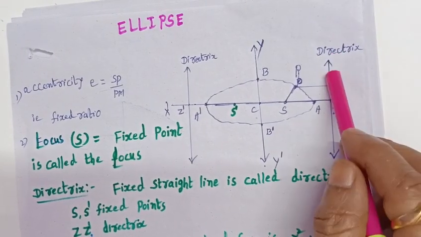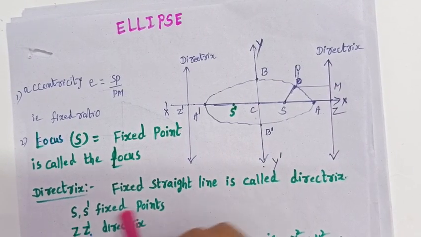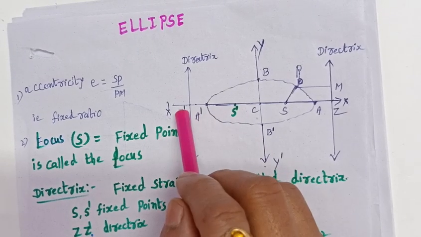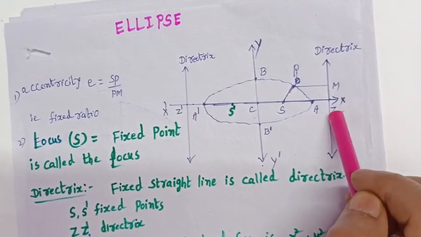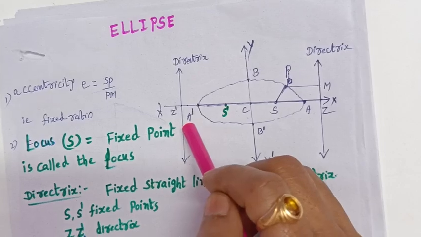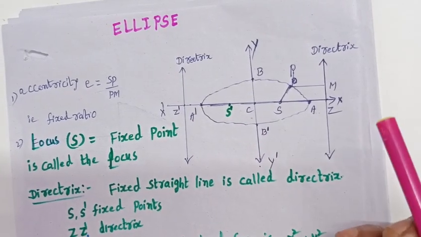Directrix means a fixed straight line. S dash is the fixed point, Z dash is the directrix. Z dash is also a perpendicular line. This is called the directrix.